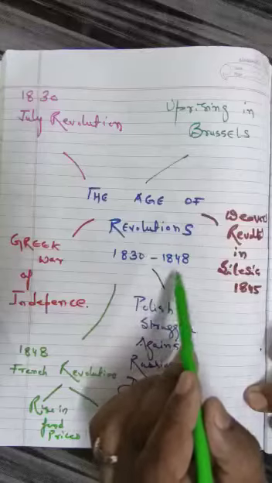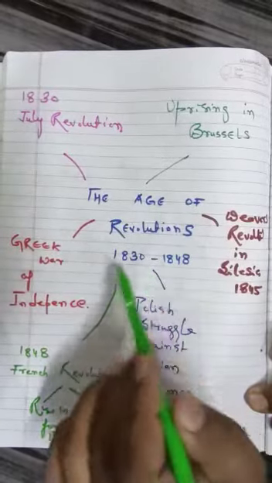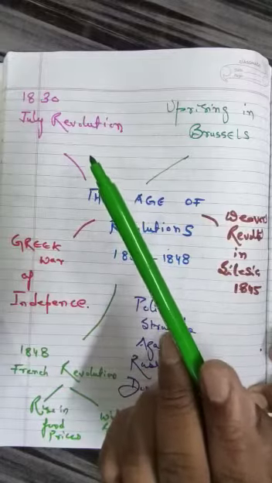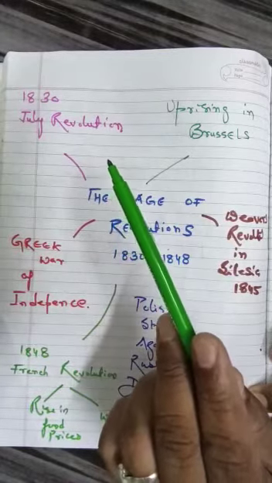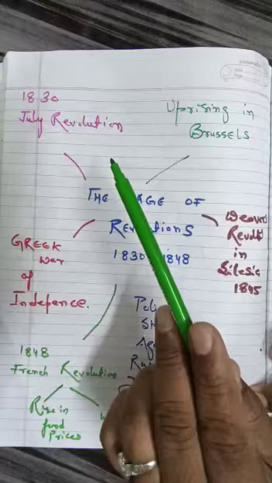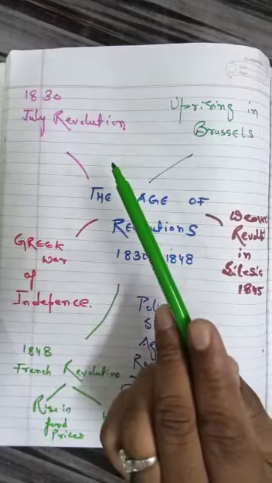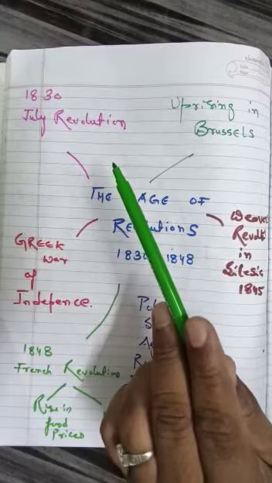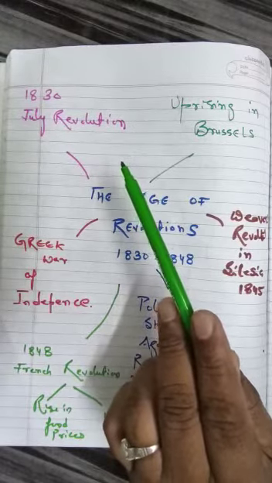So 1830 to 1848, this period is referred to as the Age of Revolutions, and the reasons behind it: July 1830, a revolution in France where the Bourbon dynasty, which was given power as per the Treaty of Vienna, was thrown away.